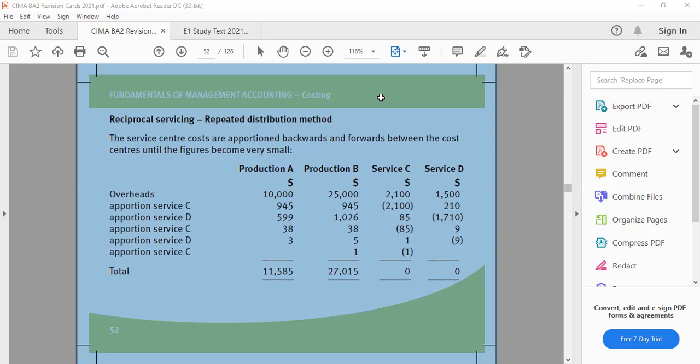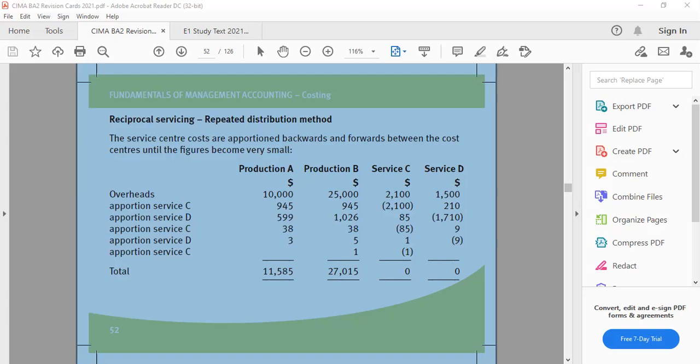But now we see that overheads are incurred by all the departments, both production departments and also the service department. So first step is we should start charging the service department cost to the production department. So we start with the first service department.